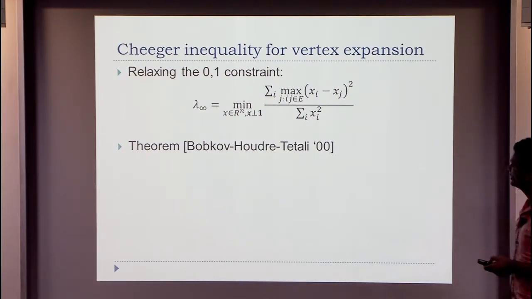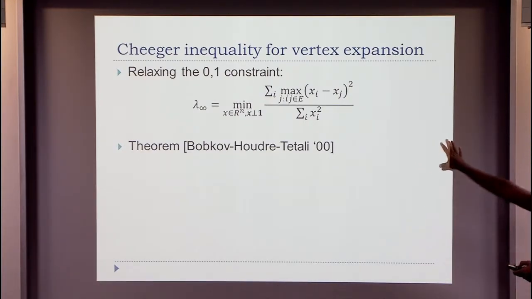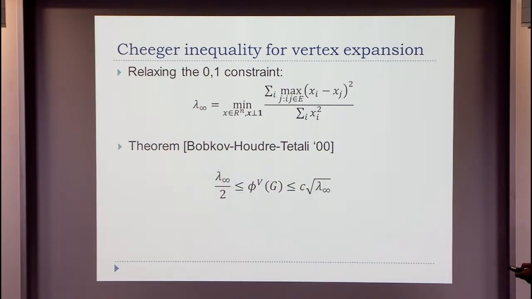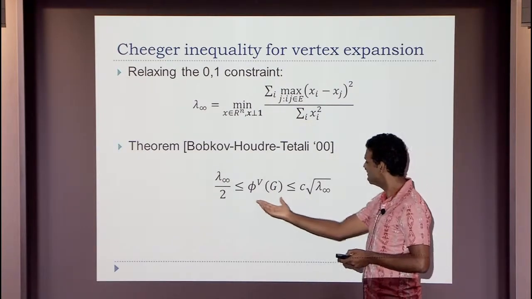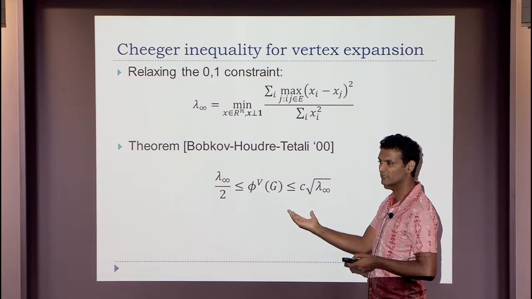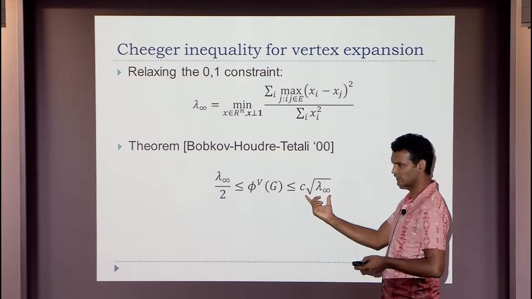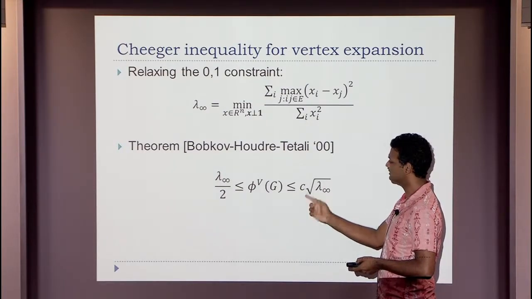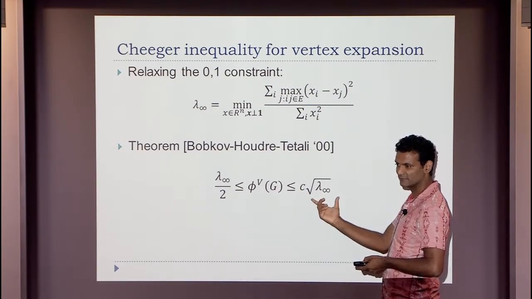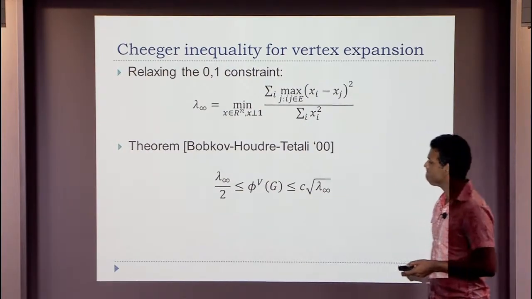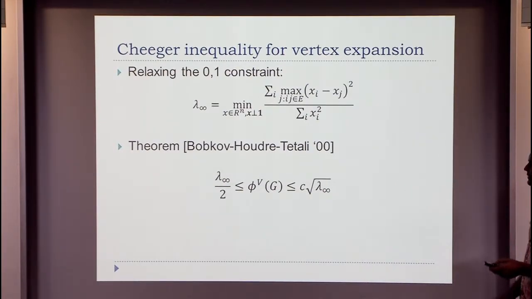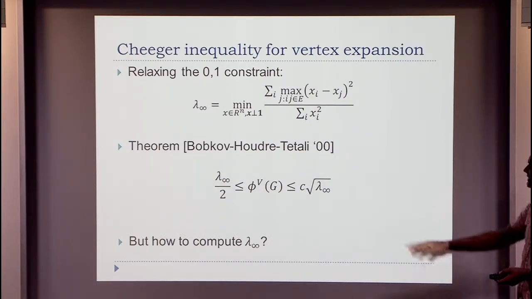Bobkov, Houdré, and Tetali, who defined this parameter as it is here, proved that it can be thought of as giving a Cheeger inequality. This direction is from the definition; we just saw it. This one takes some work; we'll see it in a minute. It's not square root 2, but there's some constant here. So that raises the question: can you compute this? Is this an effective approximation?